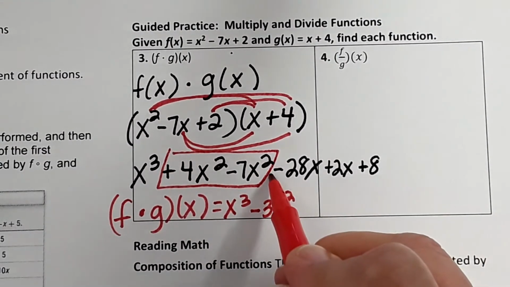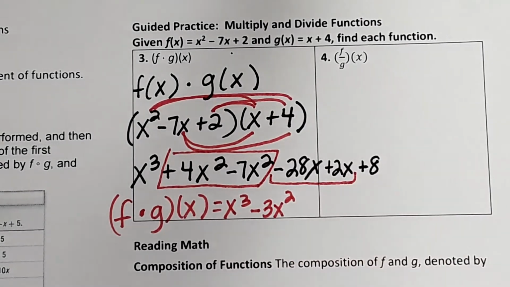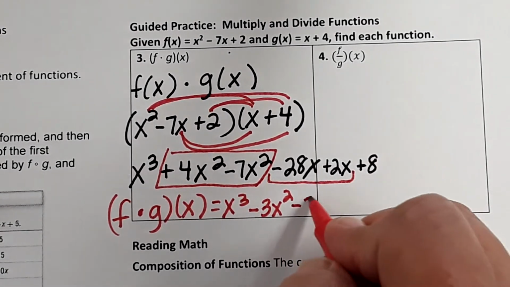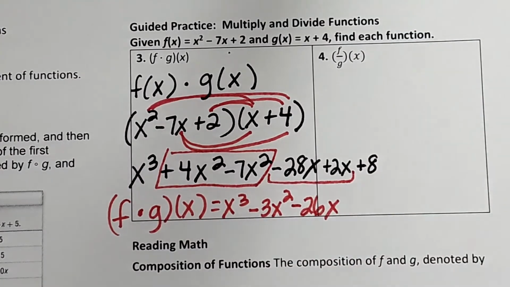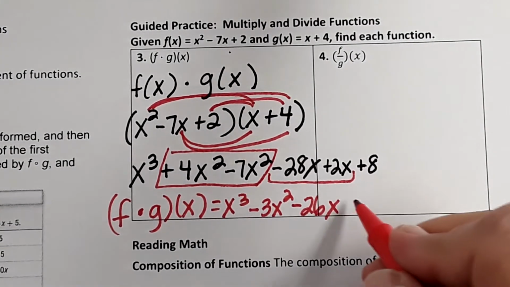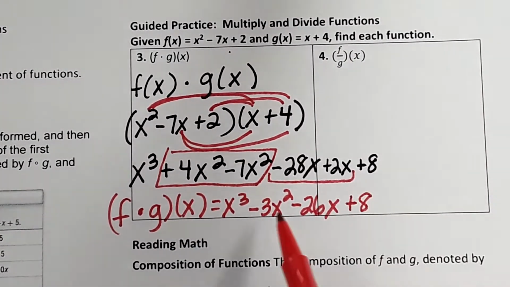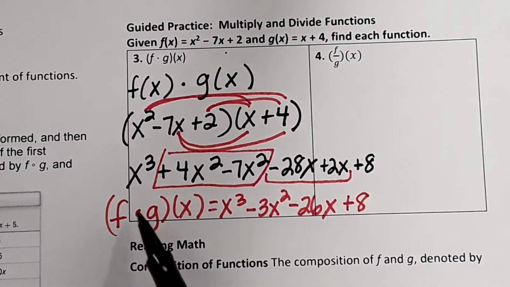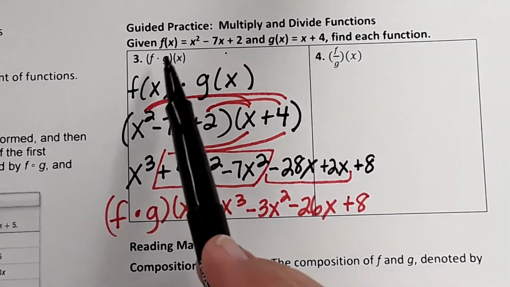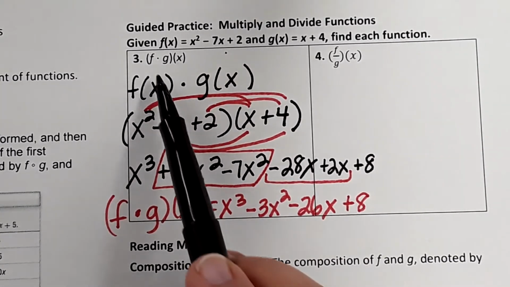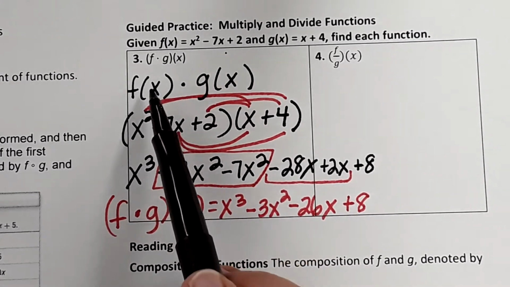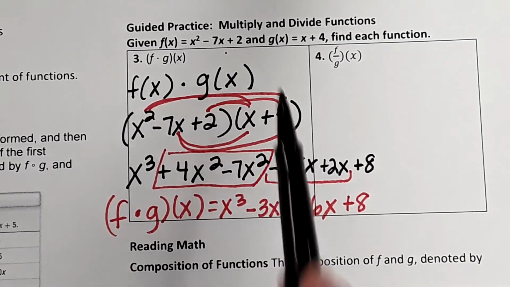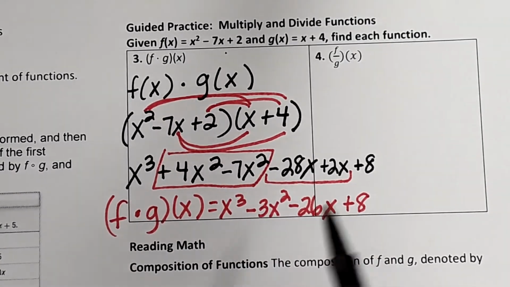Then we have negative 28x plus 2x, which is negative 26x. And then it's plus 8. So that is our final answer for f times g. Remember, if you see f times g, it means f of x times g of x, and this is your final answer.